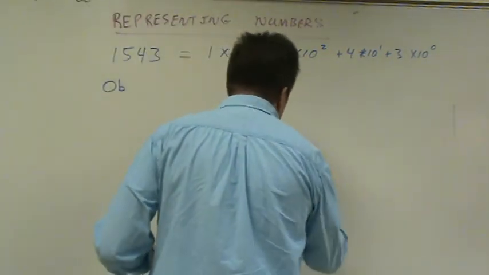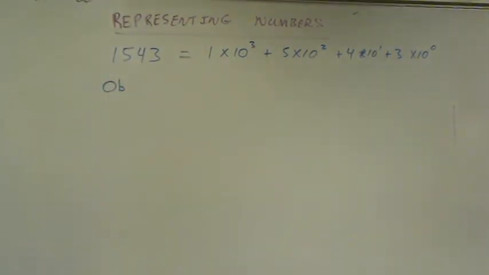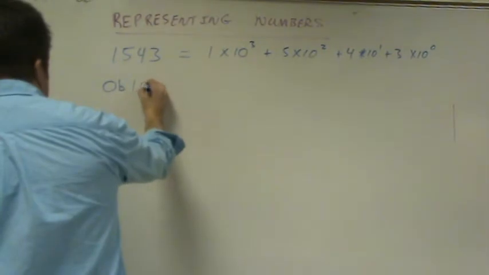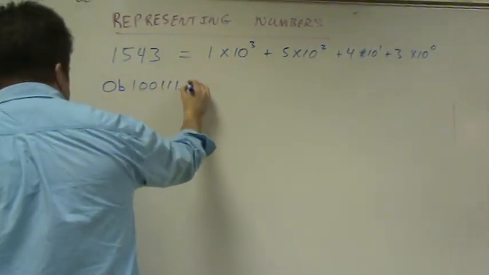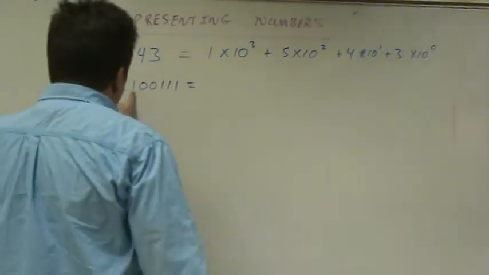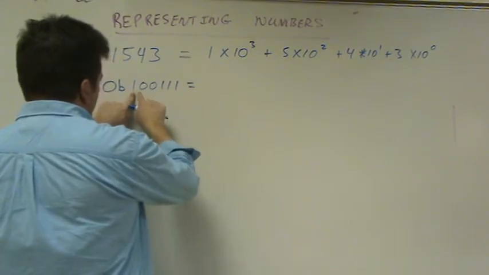So we'll use this symbol of a 0 and a little b to mean what comes after this are just using the binary symbols, which are just 0s and 1s. So for example, if we wanted to have the numbers 1, 0, 0, 1, 1, 1, what does this equal? What this really equals is, this is to the 0 power, 1, 2, 3, 4, 5.